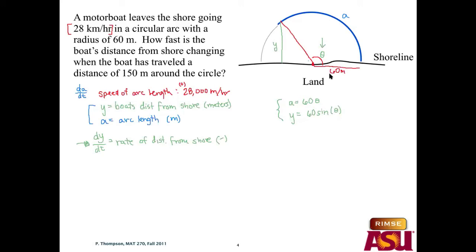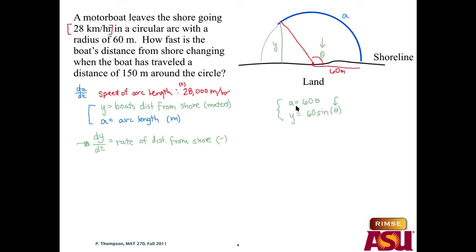Well, so I have to scale it up by a factor of 60 since this is a large circle, but in any case, Y is 60 sine of theta and A is 60 theta. So I should be able to write an equation that relates Y and A and doesn't have theta. Easiest way, instead of writing a theta here, I can write something about A, because this is a super simple equation to invert rather than inverting this one and having arc sines.